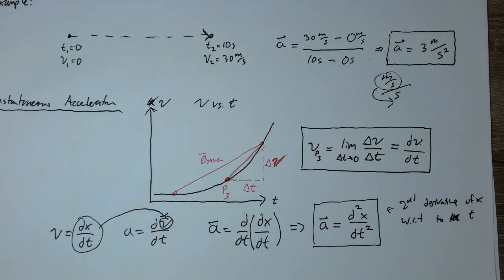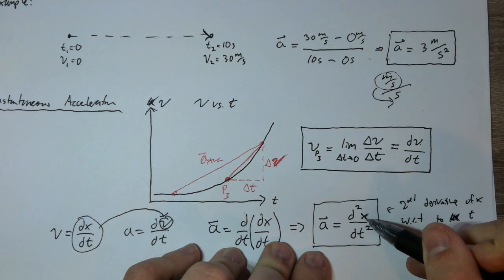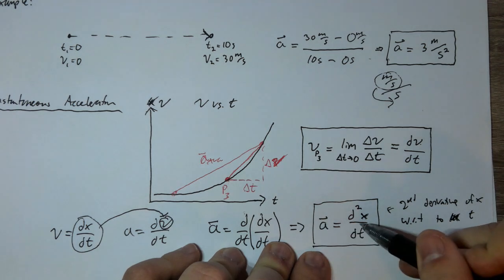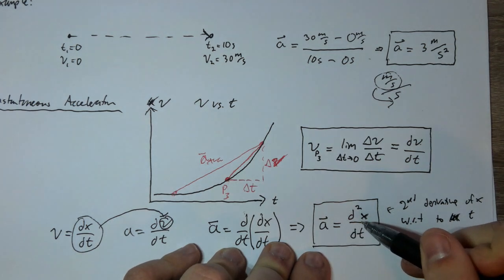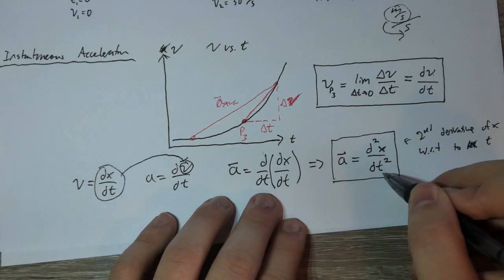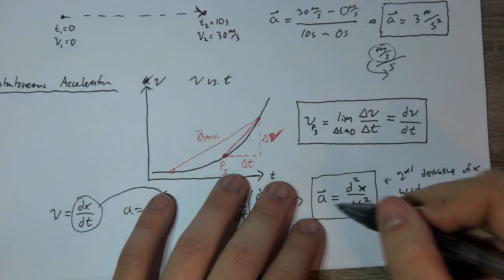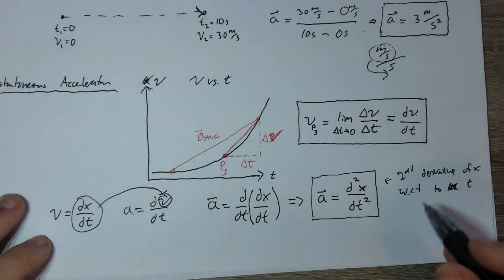So in other words, if you have an equation for position, you can find the acceleration by differentiating it twice. So you take one derivative, and then you do a derivative of your derivative, and that would give you the equation for acceleration.